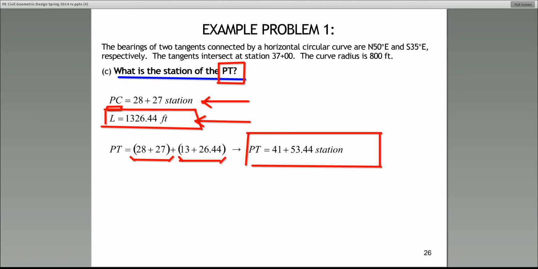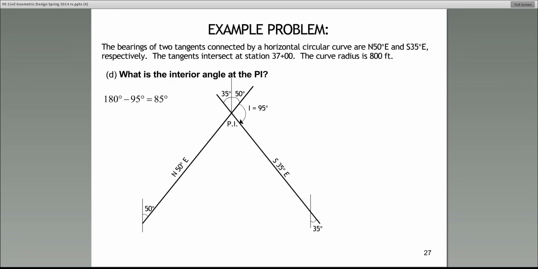So don't do it that way. And please don't start arguing with me why it is so. Just accept it. If it really bothers you, send me an email later. But the correct way to calculate the station of the PT is to take the station of the PC and add to it the actual length of the curve, because the stationing will be done on the actual curve.